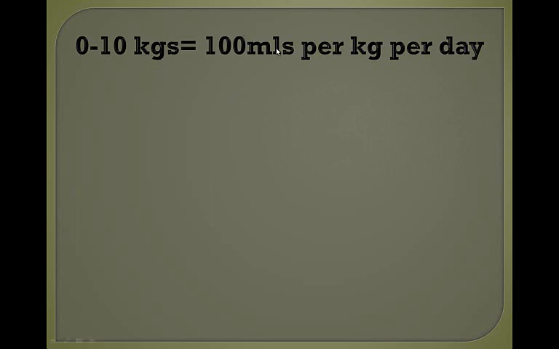If you have a patient between 0 and 10 kilograms, they have a daily fluid requirement of 100 milliliters per kilogram per day. This is just to maintain their hydration. This is not what the physician would order if the patient was dehydrated. This is just maintenance.